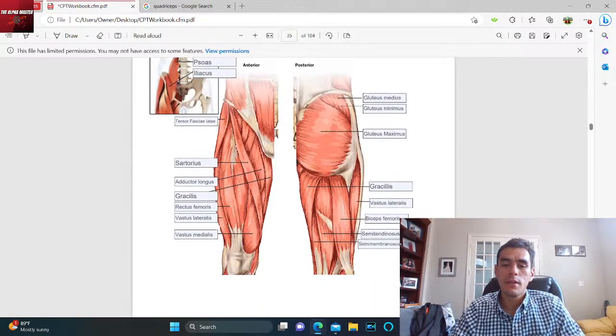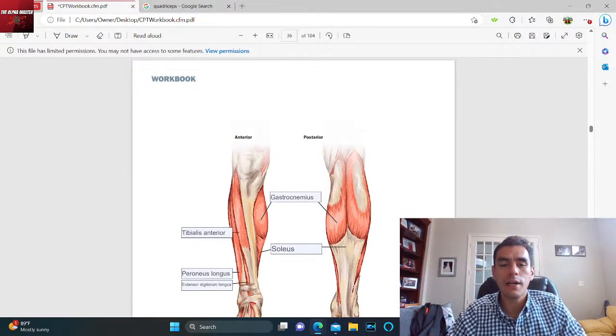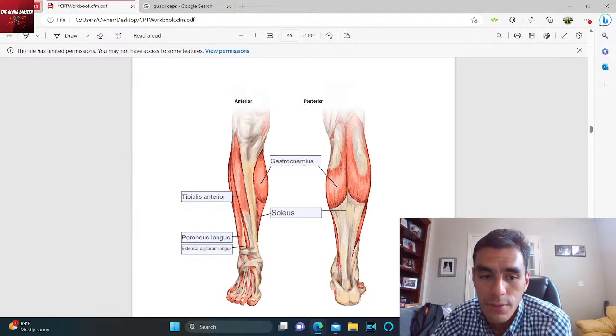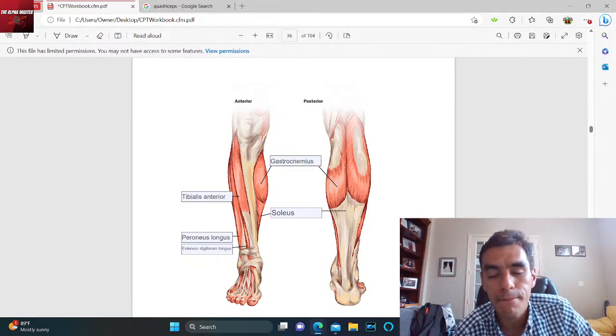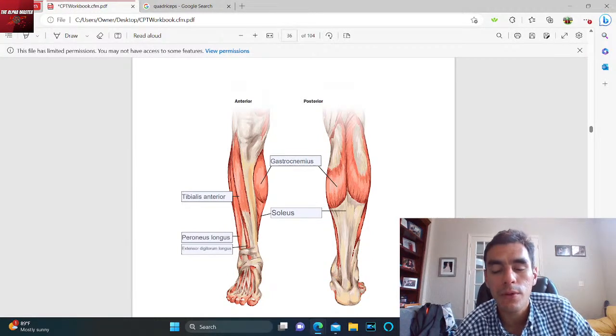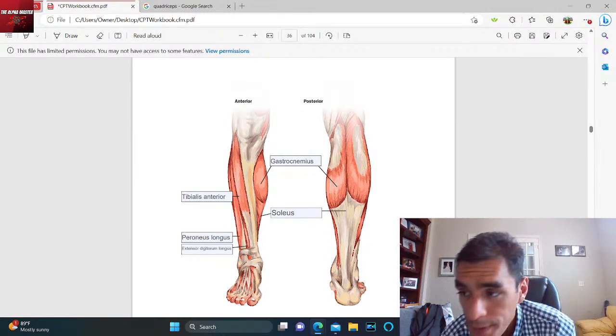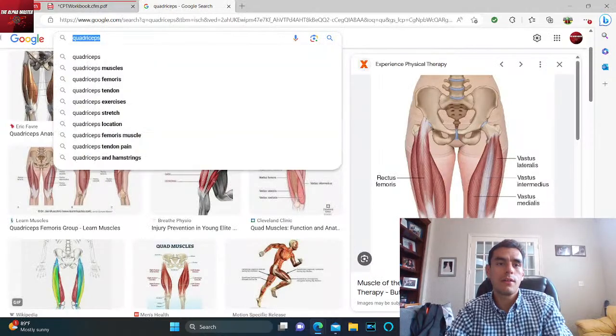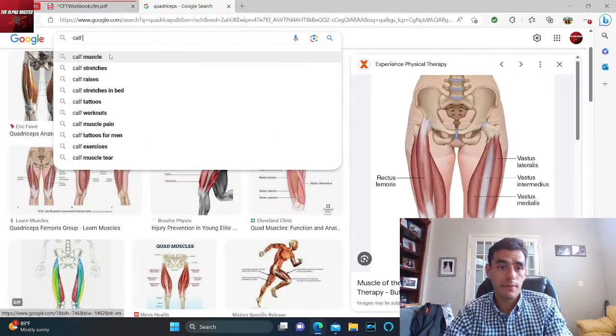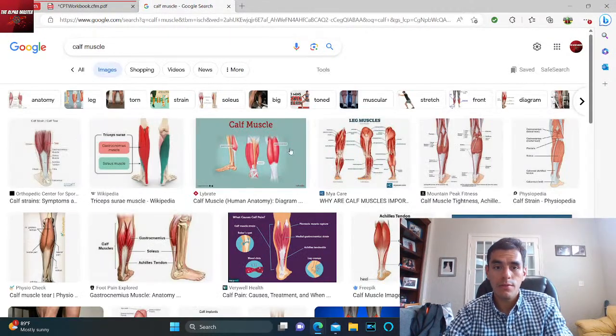And then lower, in the calf muscles, you have the gastrocnemius and the soleus. The calf muscle is right here.